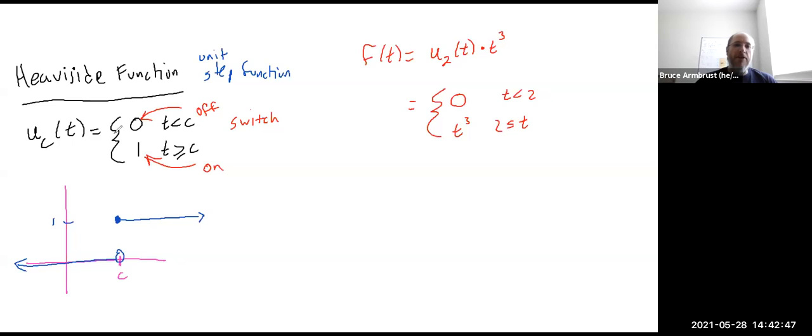This is how you turn it on. A Heaviside turns things on. So let's think about what you would have to do to turn it off. What if I wanted the piecewise function t cubed until we get to 2, and then 0 once we get further on?